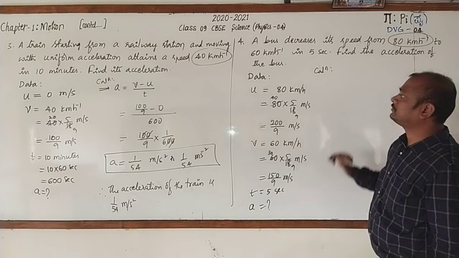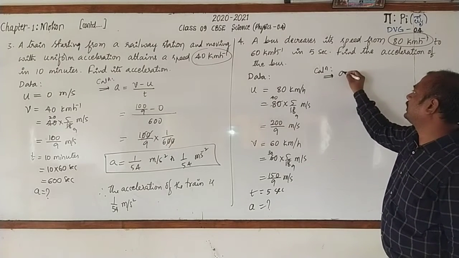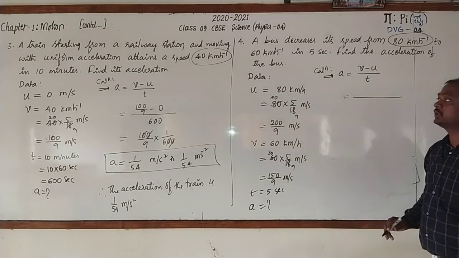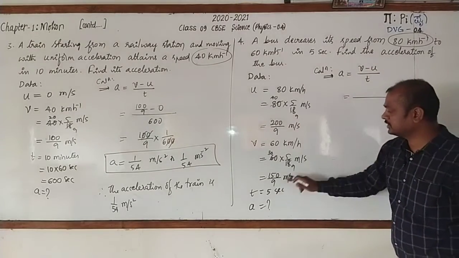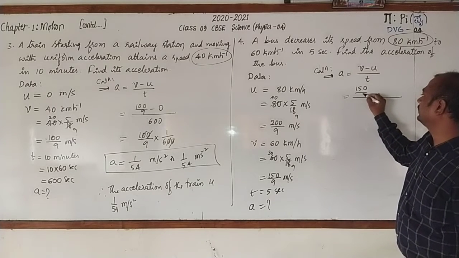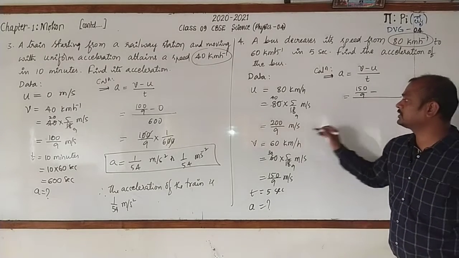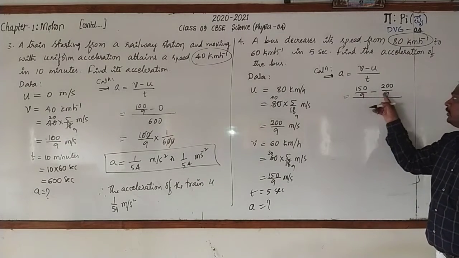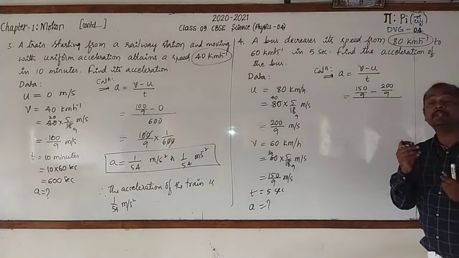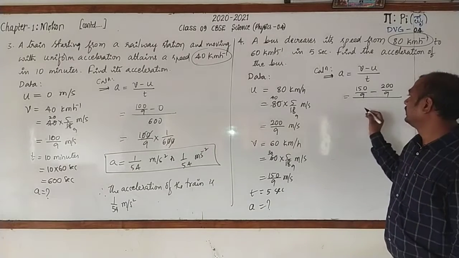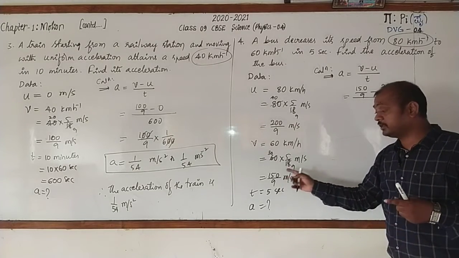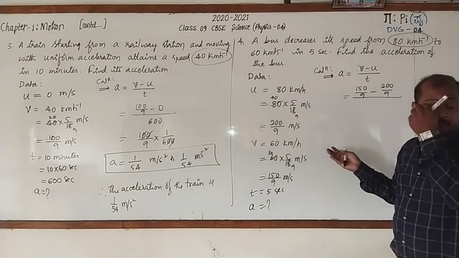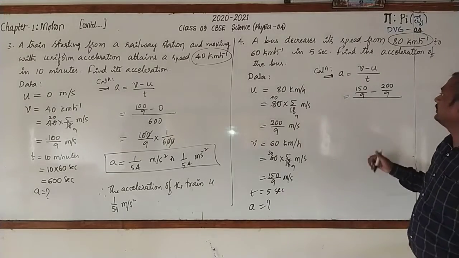Calculation. It is acceleration formula a equal to v minus u by t. Substitute. What is v? Final velocity is 150 by 9 minus initial velocity 200 by 9. That's why I told, see that when the denominator terms are same, it will be easier to solve. Otherwise, if you had cancelled, you would have taken the LCM and gone for simplifying. So this is time saving.